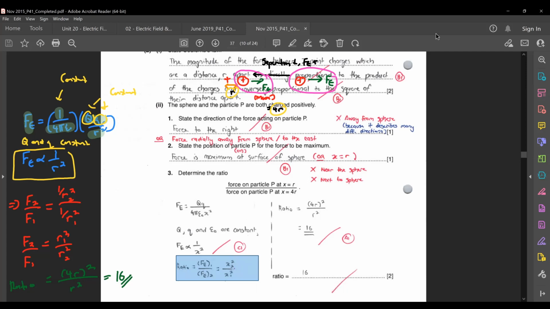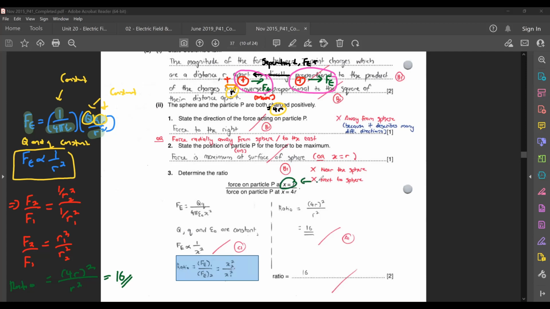This one here is me considering R as case number 2. But regardless, you still get the same answer as long as you don't misunderstand which separation is for which. So eventually your answer will just be 16. That's for this particular question, and if you're okay with that, I'll move on to the next one.